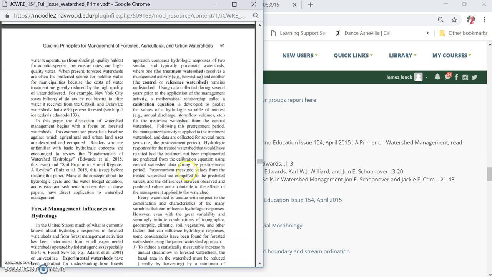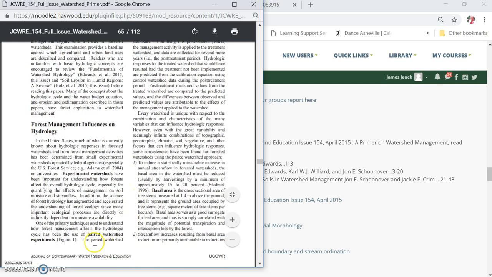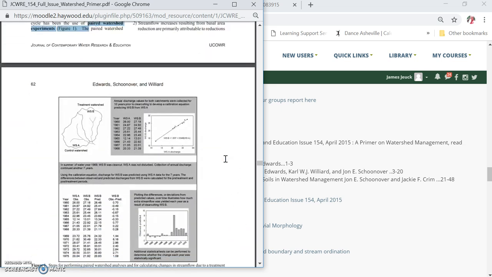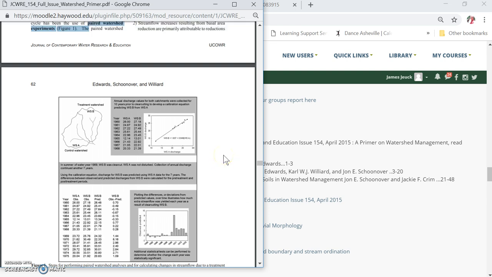The first thing it talks about is this idea of a paired watershed study, which is exactly what they were talking about over at Coweta. I talked about it in lecture, and I know we discussed it over at Coweta as well.